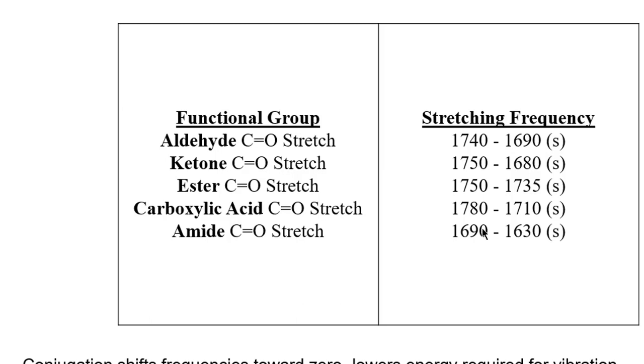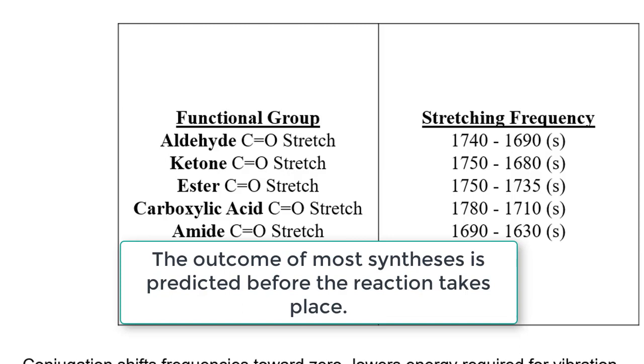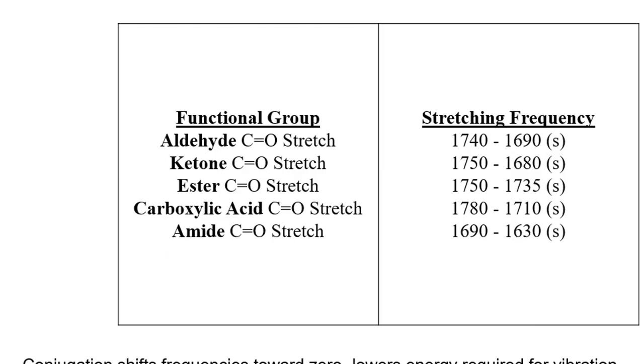Infrared can tell you that there's a carbonyl present. Another thing you have to keep in mind is that most of the time, if you do an experiment and synthesize a molecule, when you take the infrared, you already have an idea of what you're looking for, and so the infrared basically confirms that. So these are all your different carbonyl stretches.